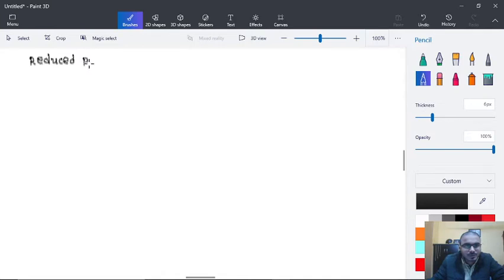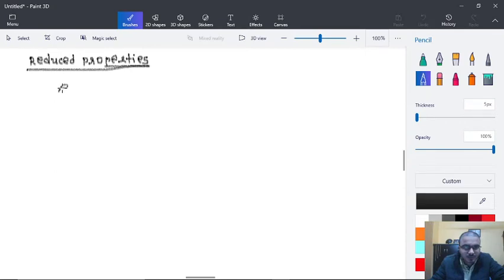Reduced properties. Here the reduced properties are the actual property divided by the critical value of that property. Let's take the case of pressure.